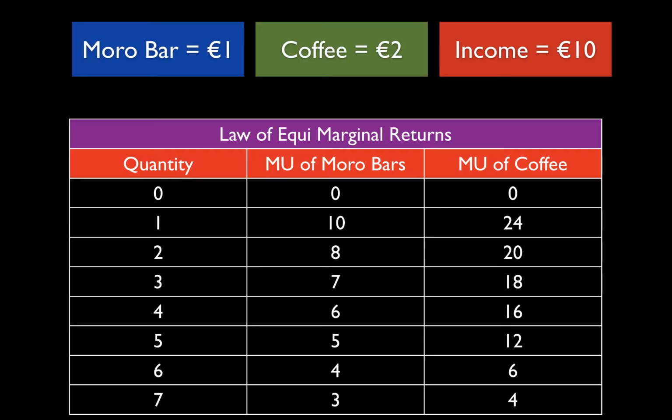Now, there is one extra caveat that I have to bring in. We know from the assumptions about the consumer that the consumer has limited income. And what we say here is that you have to spend all of your money. We've talked about this in the previous video, but the reason is that you derive happiness from consumption, and we know that the consumer is trying to reach the maximum happiness possible.